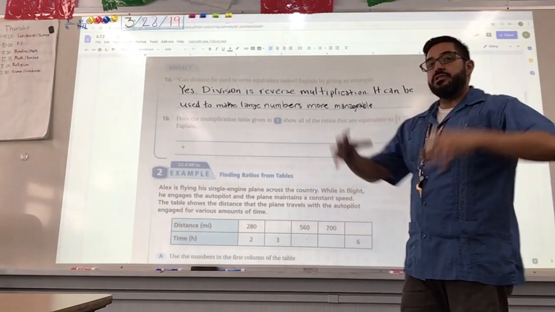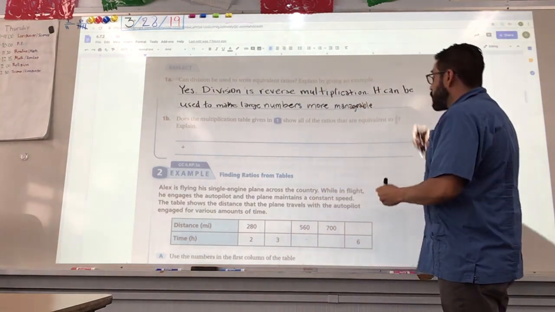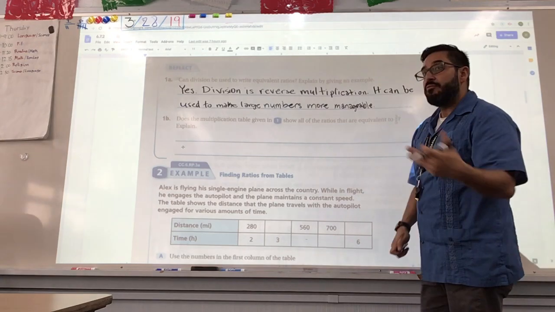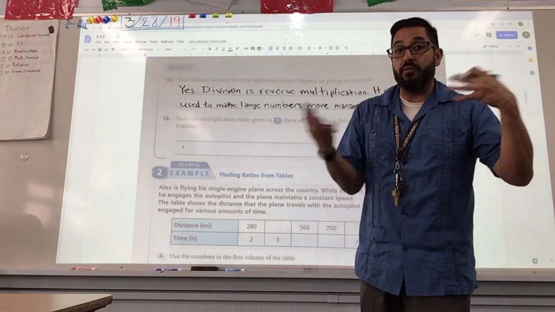So we can use division to make those big numbers smaller so that we can work with them a lot easier. Because working with 25 would be easier than working with 250, or working with 10 is going to be easier than working with 100.